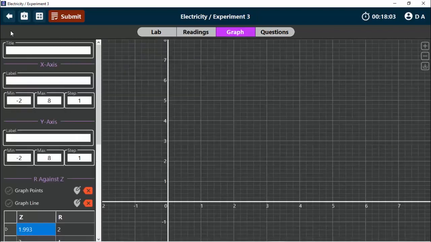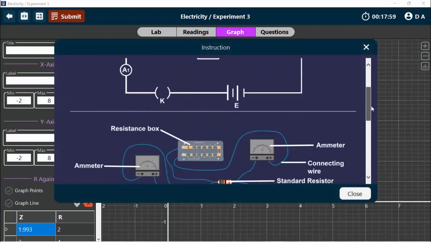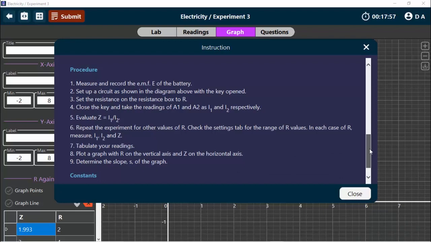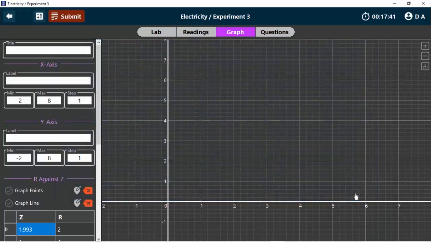So note that you can access the procedure here, and under the procedure, after taking readings, we are to plot a graph with R on the vertical axis and Z on the horizontal axis. So we are plotting R versus Z, and then we have to compute the slope. When creating a graph, the first thing you want to do is to set the title.